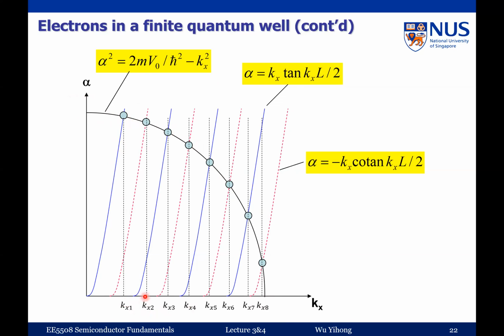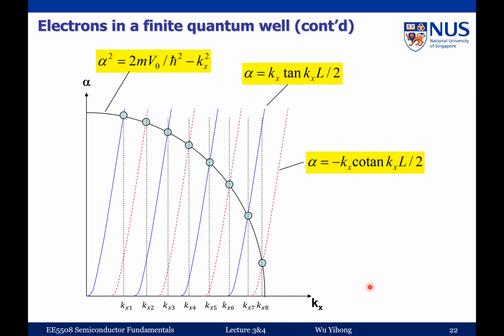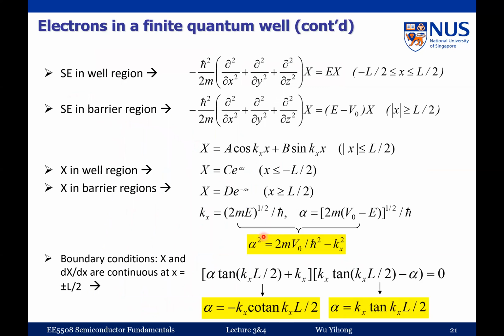So you have kx1, kx2, and kx3, right? So once you have kx, remember, you go back to this one, right? Once you know kx, you substitute in, and you can get E, right?